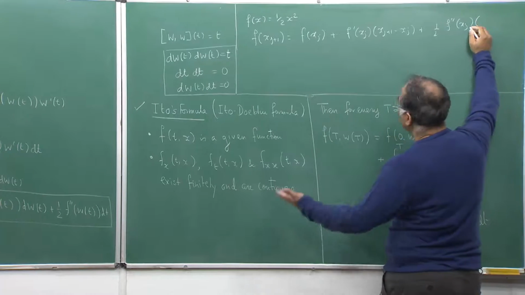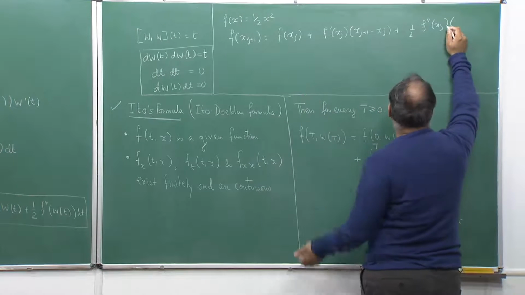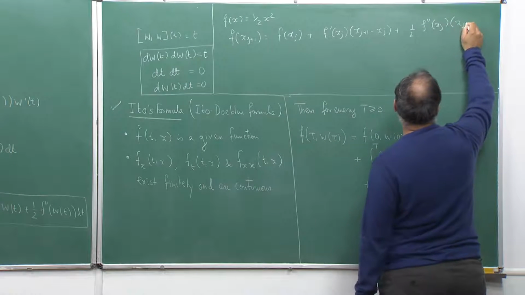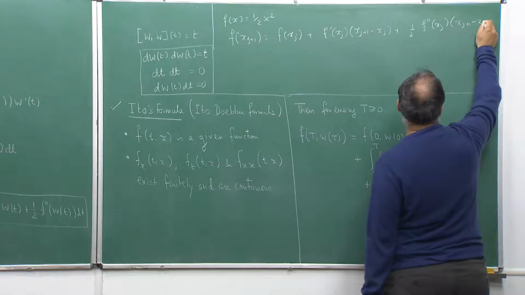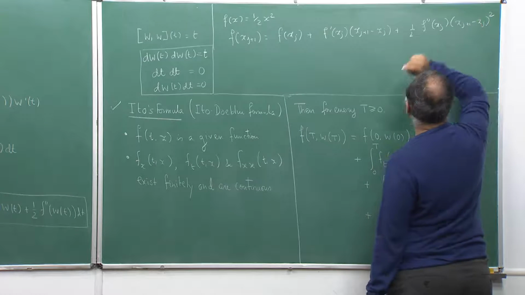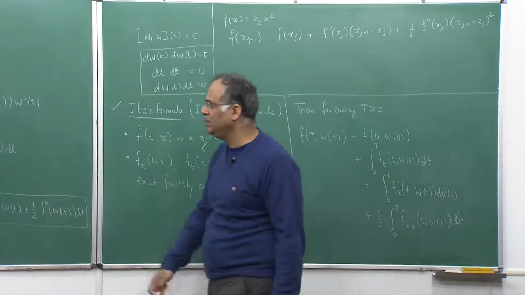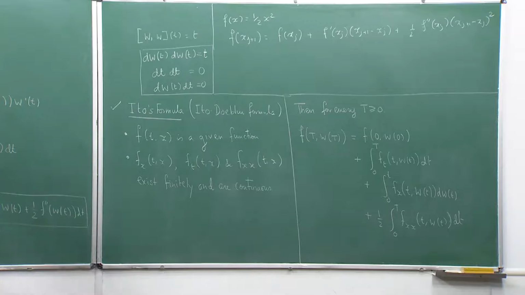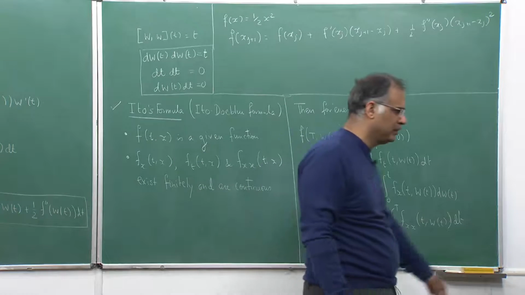The higher order terms will all vanish, there will be 0 higher order derivatives. That will be the Taylor expansion. So can we use this idea now to proceed?